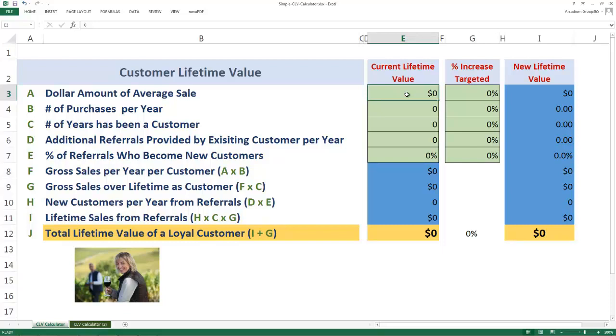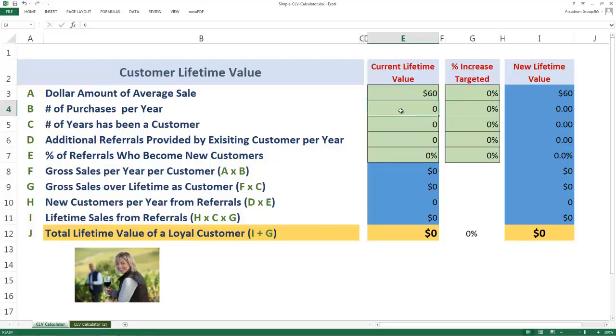So let's take a winery example, a typical small business. If we look at line A, the dollar average of a sale, let's say that the typical visitor to a winery, after their tasting, leaves with a 3-pack of wine at roughly $20 a bottle. So let's put $60 here as the average sale for that 3-pack of wine.